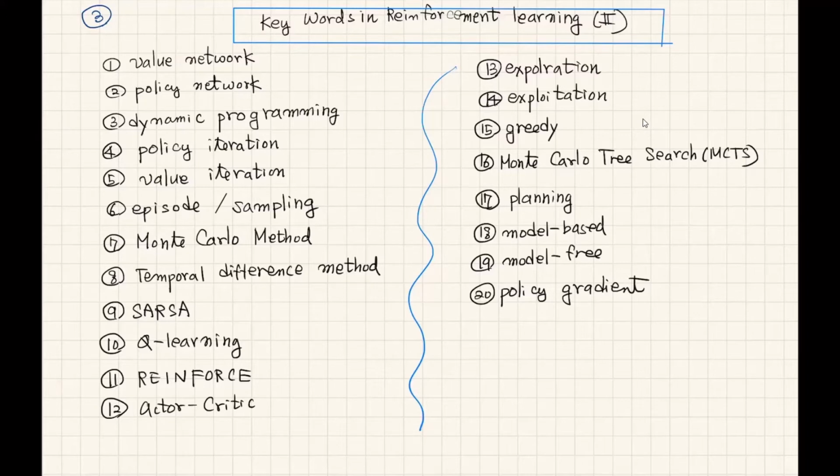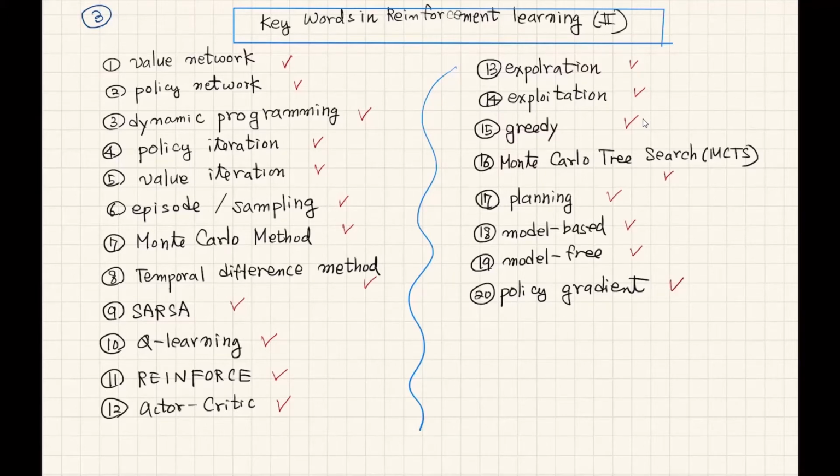Value network, policy network, dynamic programming, policy iteration, value iteration, episode and sampling, Monte Carlo method, temporal difference method, SARSA, Q-learning, REINFORCE, actor-critic, exploration, exploitation, greedy, Monte Carlo tree search, planning, model-based agent, model-free agent, policy gradient.